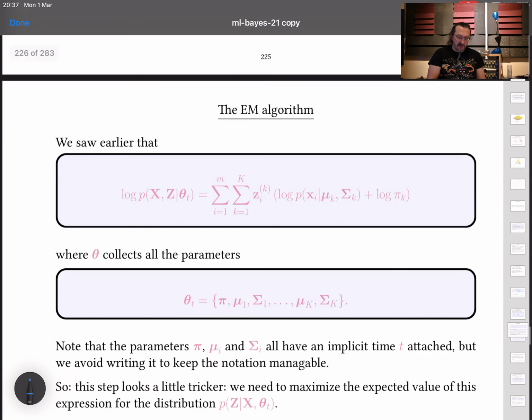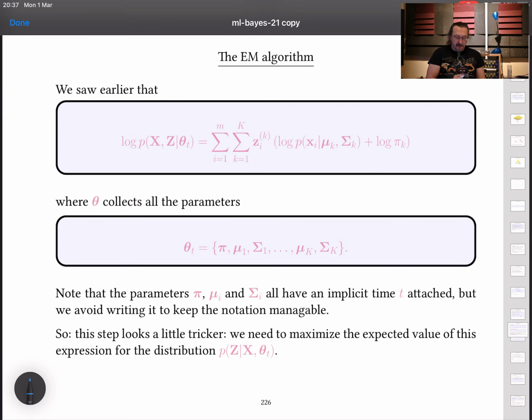We're wanting to take an expected value of that expression with respect to a distribution on Z. Well, that expected value is going to go through the sums. This doesn't depend on Z, and so we actually only need to work out the expected value of Z.